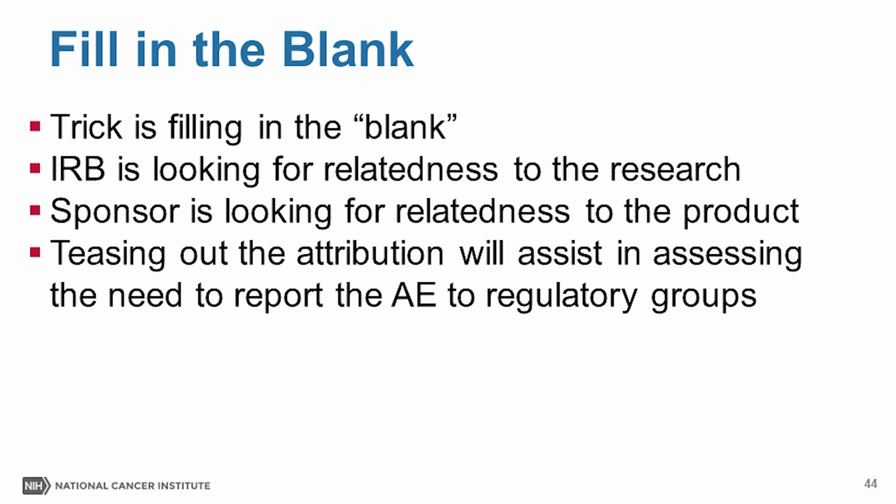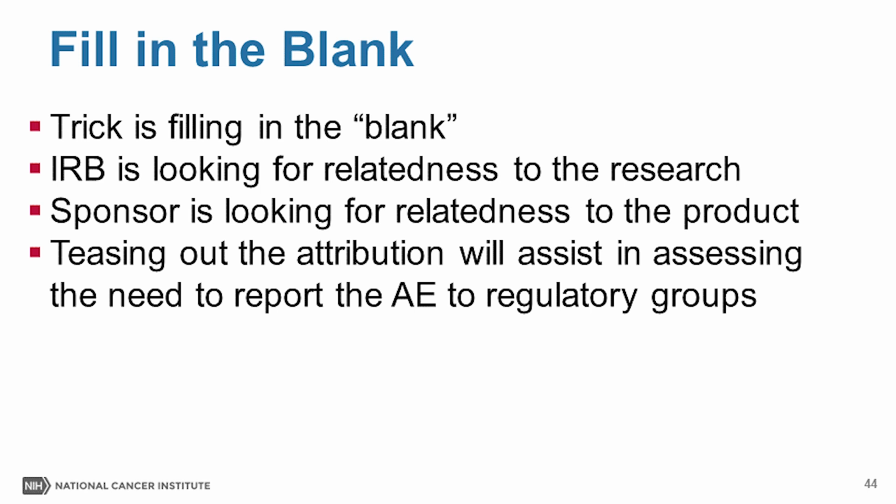So if the AE is related to the investigational product, the commercial agent, the underlying comorbid disease, when you fill in that blank, that will then help you to know if you have any reporting responsibilities to the IRB or to your sponsor, who in turn may then need to report to the IRB or to the FDA, my apologies.